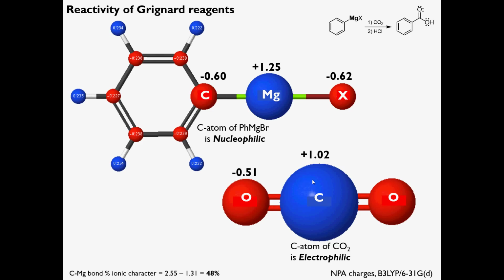Well, we can go a little deeper and think about the molecular orbital picture of this reaction as well, because we know that a nucleophile brings a HOMO to the reaction. That supplies the electrons essentially, and the electrophile brings the LUMO, the unoccupied molecular orbital.